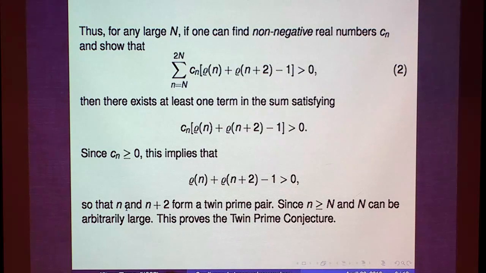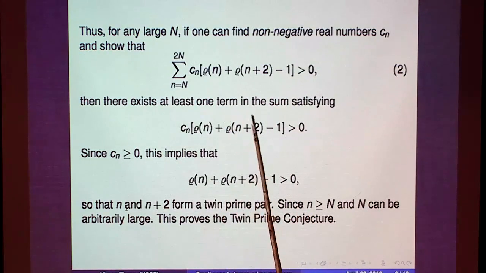So the statement is just like at the very beginning: primes are very simple by definition. Yes. If we can find some C sub n such that this is positive, but in practice, it is still very difficult.